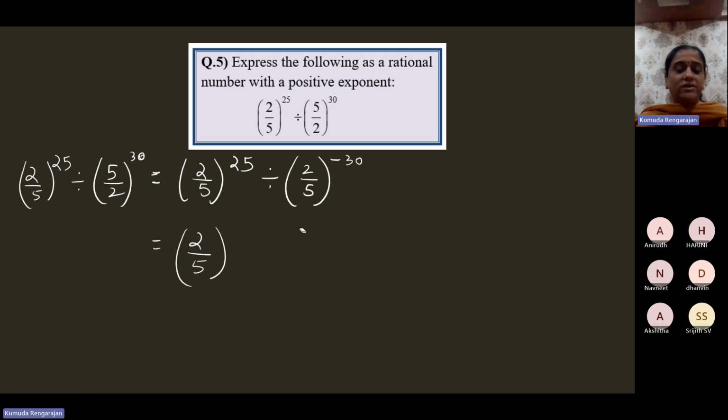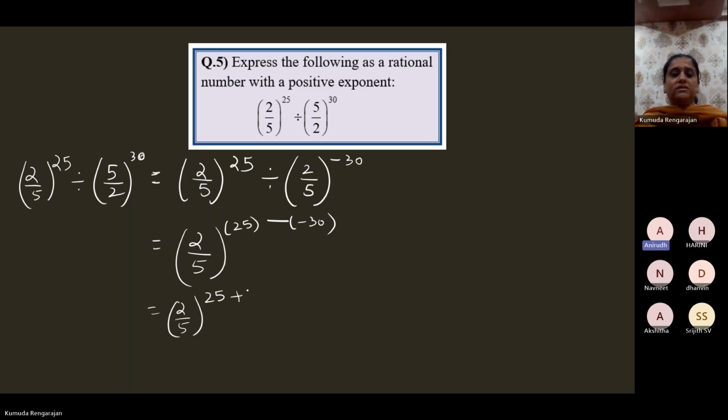So 2 by 5, 25 minus into minus, plus 30. So it is 2 by 5 to the power 55. 2 by 5, the whole raised to the power 55. This is the answer. Got it? Yes, ma'am. Please write down. I'm finished.